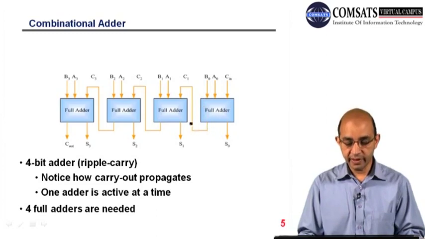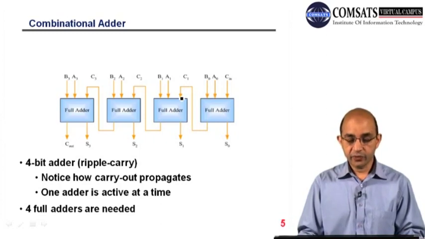Then this is the carry out, and this will be the carry in for the next adder, where we will be adding A1 and B1, the corresponding bits at the first slot.